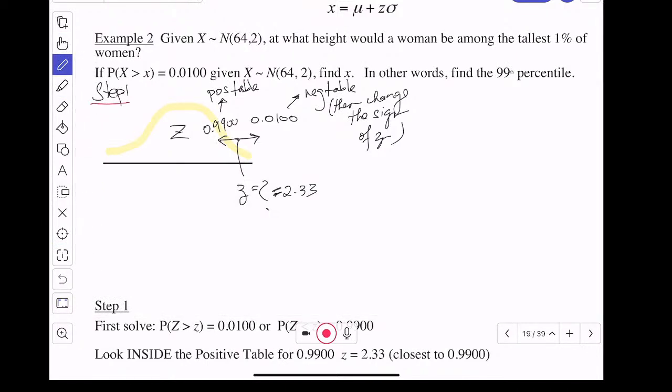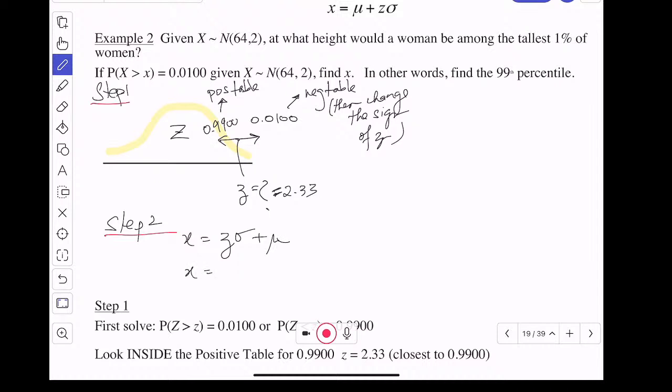All right, so that's step one. Step two involves converting for x. X equals z standard deviations from the mean.